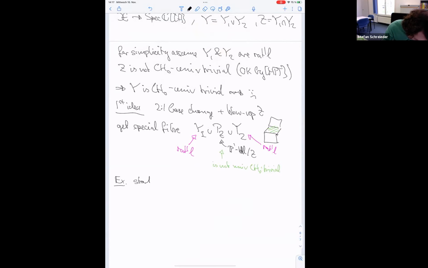So start with projective space over this power series ring.